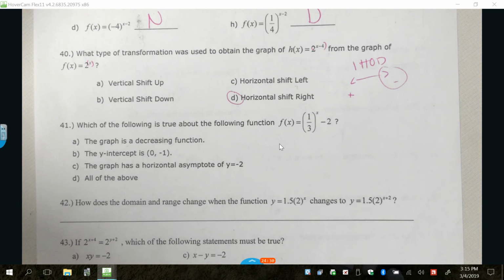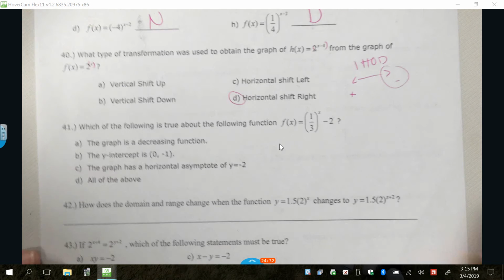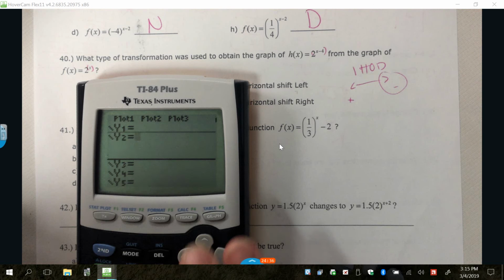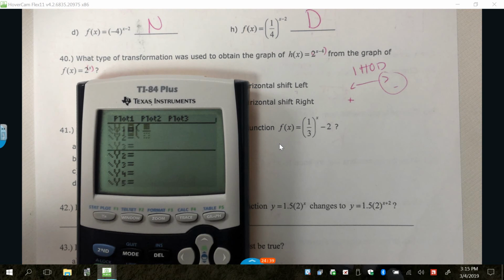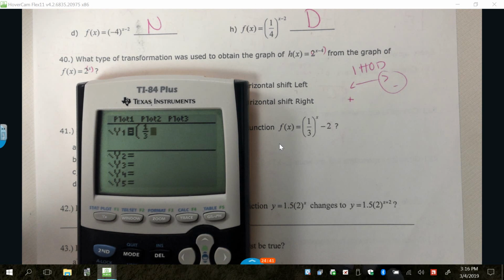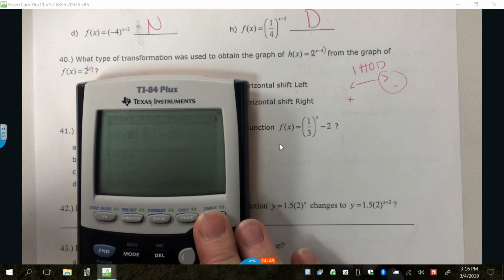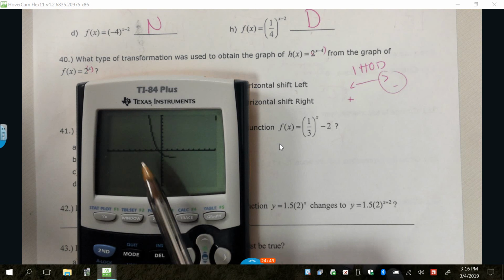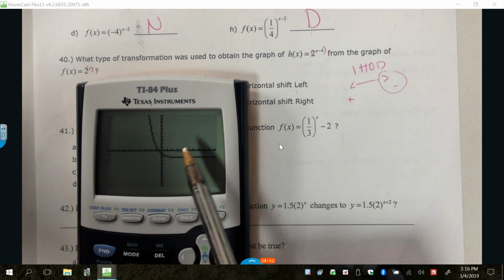41. Which of the following is true about the following function? Let's type it in our calculator. So let's hit graph. We do see that it's decreasing. We see that it goes down to negative 2.